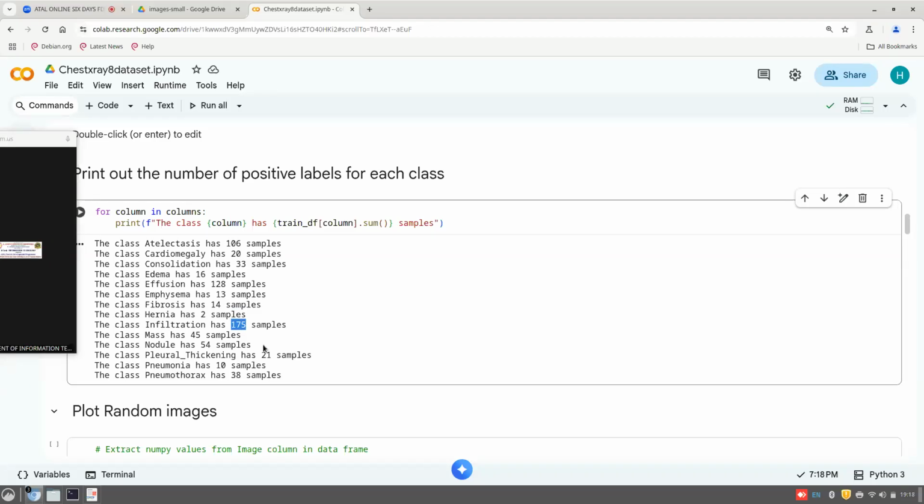Infiltration has one sample. This is one of the common challenges when you are training a deep learning algorithm. If one specific disease has more samples in the training data set, then the model will be biased towards that particular disease. So during the testing phase, it is likely to predict infiltration more often than other diseases, because more samples were used during the training process.